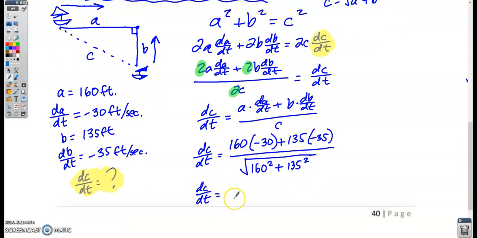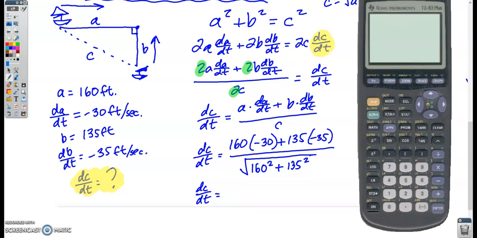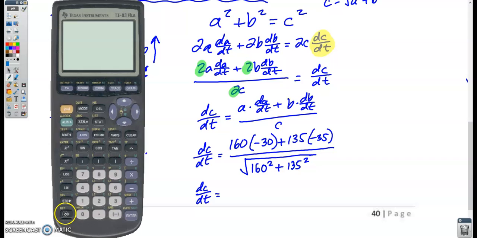And so now we're going to punch the keys of our calculator in order to find the value of dC/dt. So I've got numerator 160 times negative 30 plus 135 times negative 35, close the parentheses, divided by the square root of 160 squared plus 135 squared.